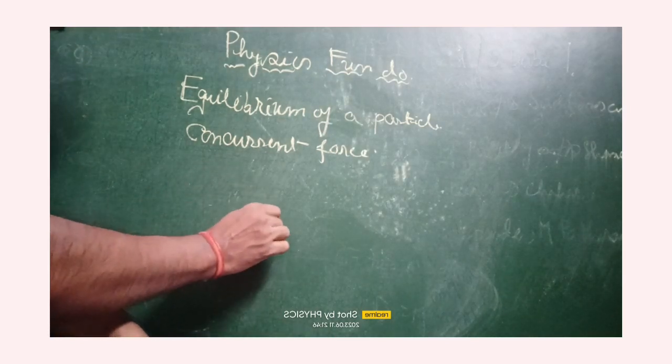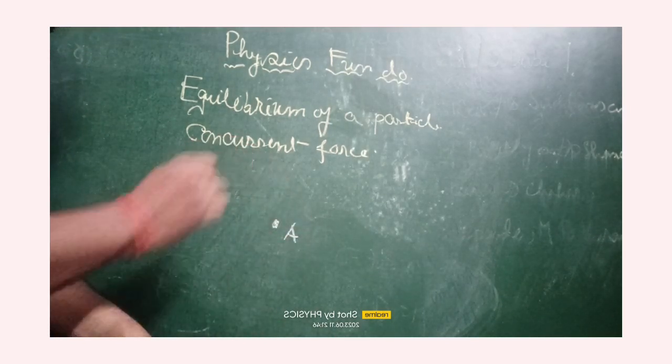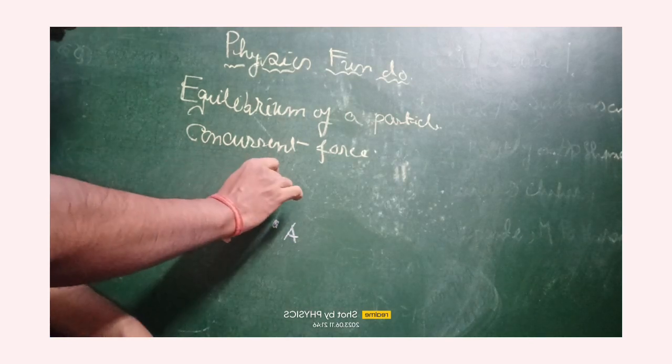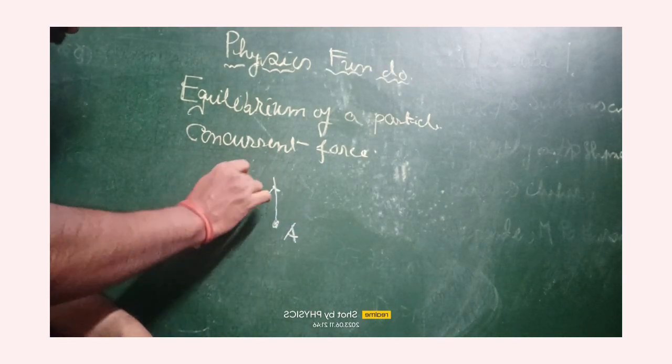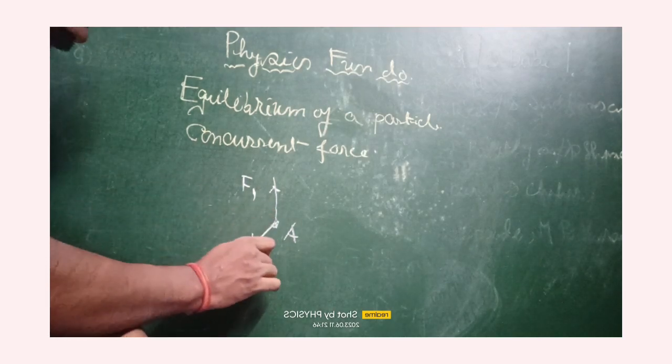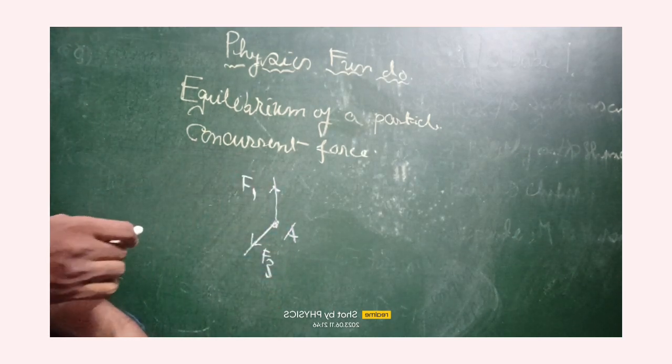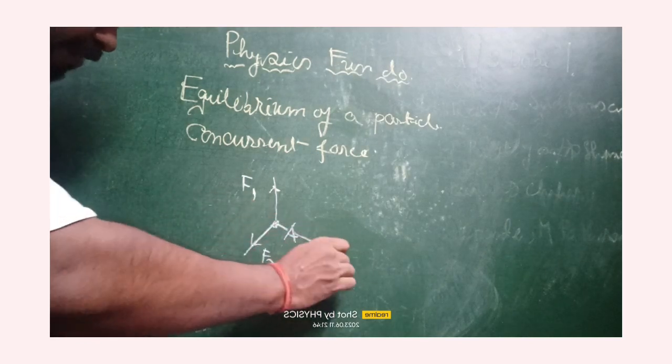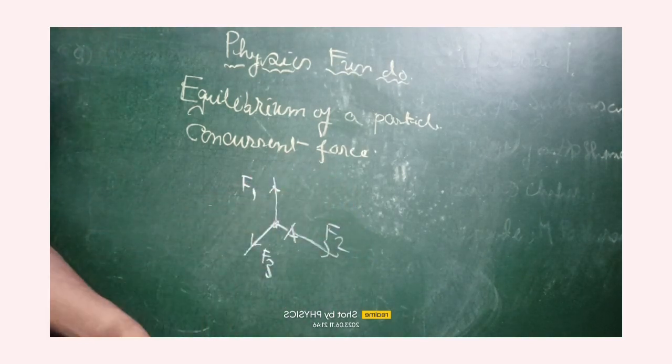Let us consider a particle A. A force F1 is acting on the particle, another force F3 is acting on the particle, and another force F2 is acting on the particle.